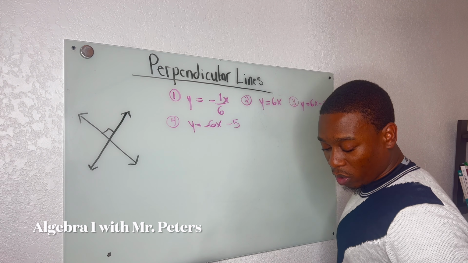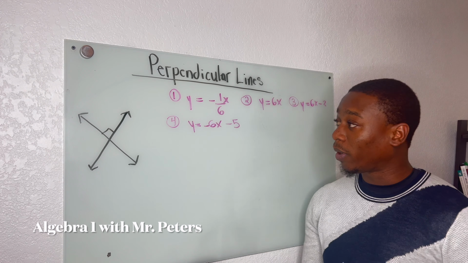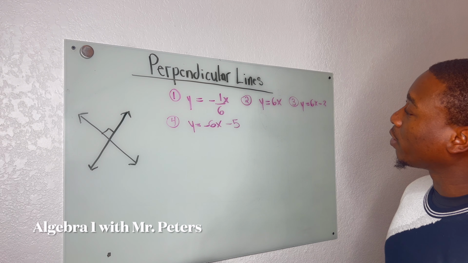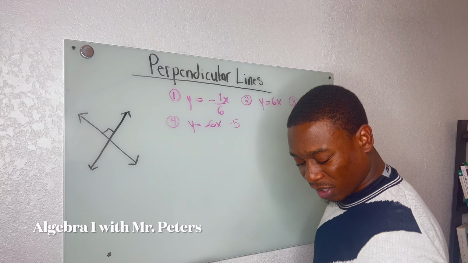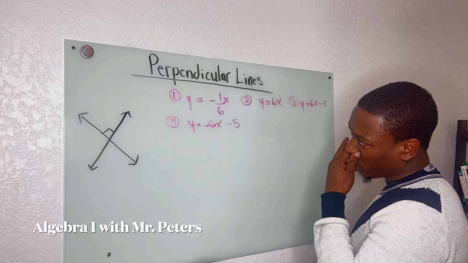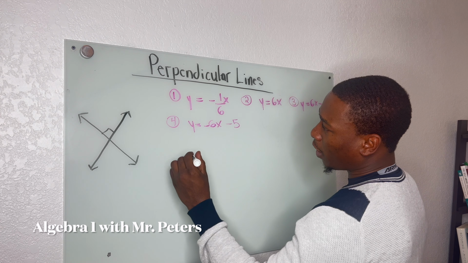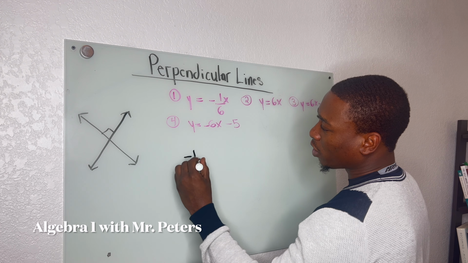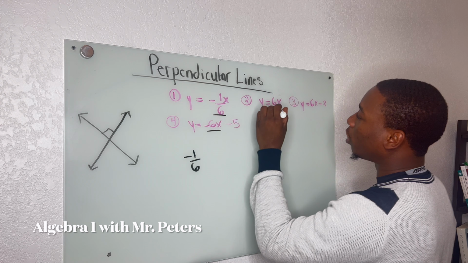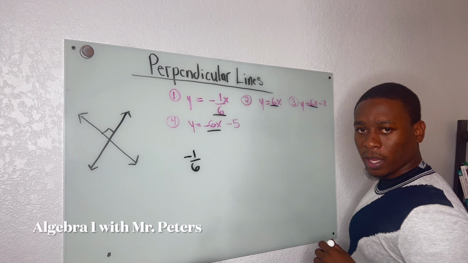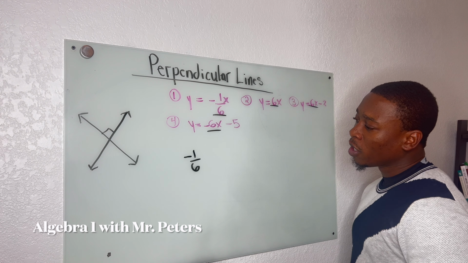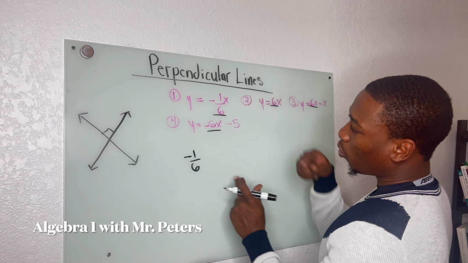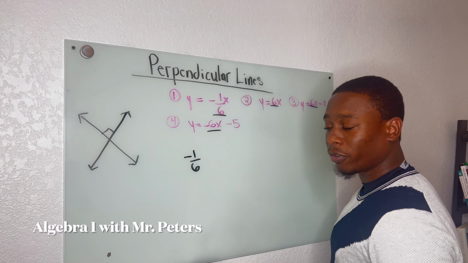Okay? So when we approach this problem, I'm going to start off with 1 and 4. The way I'm going to do this is think about the opposite reciprocal. So I have 1 over 6, and just understand we're focusing on the slope. I want you guys to understand this is where I'm pulling all these fractions and numbers from. So I have 1 over 6 from number 1, and I'm going to compare it to number 4 first.